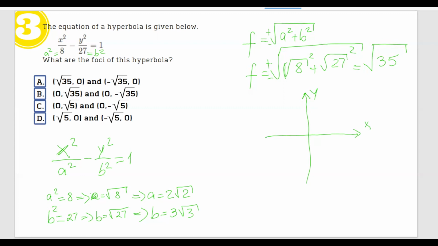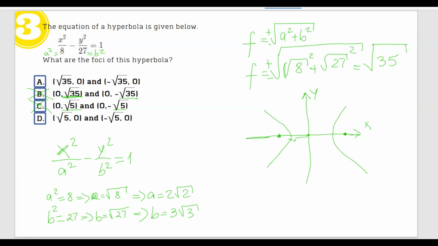And based on the fact that the x term is positive, I know that this hyperbola is going to look something like this, left and right. The focal distance is going to be on the x-axis. So based on A, B, C, D, I can eliminate some options, because the focal distance in those changes in the y direction. So this cannot be my options B and C.